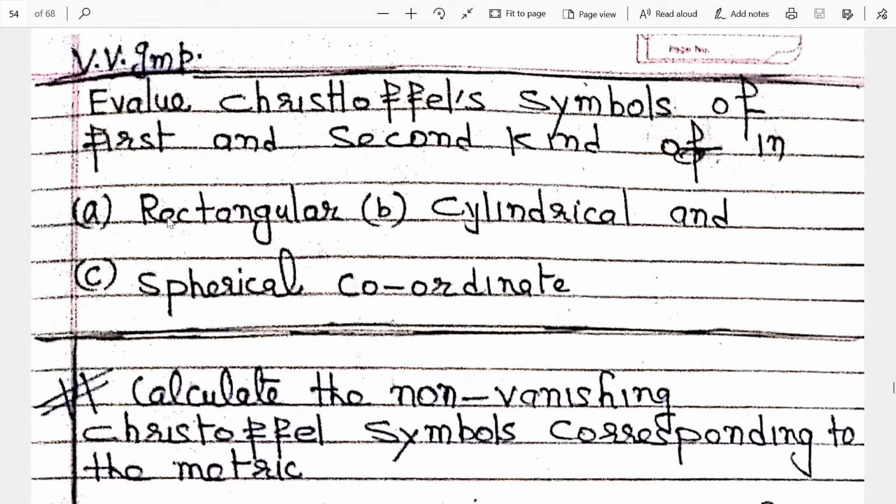Okay. So find the Christoffel symbols of the first and second kind for rectangular, cylindrical, and spherical coordinates. So these are very important questions, which may be expected in any university examination. So practice them on the similar pattern that we already did.